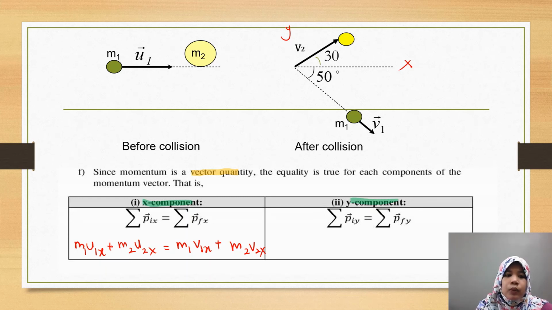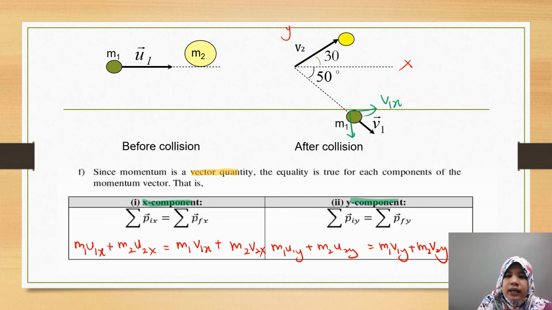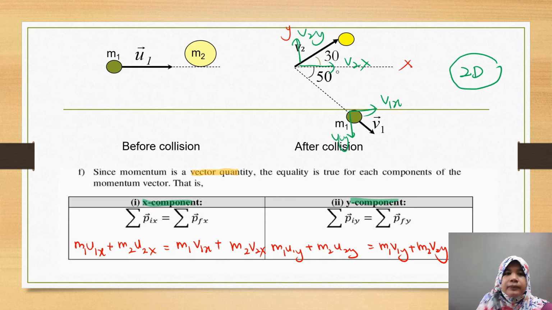Untuk y component kita akan ada M1 U1y plus M2 U2y sama dengan M1 V1y plus M2 V2y. So kita kena resolvekan. Kalau kita lihat dari segi diagram ini, V1 ni kita kena resolve kepada V1x dan V1y. V2 ni kita kena resolve kepada V2x dan V2y. Ini kalau melibatkan two dimension.